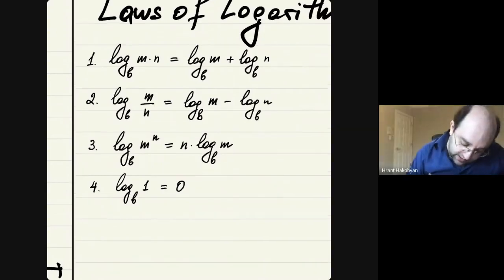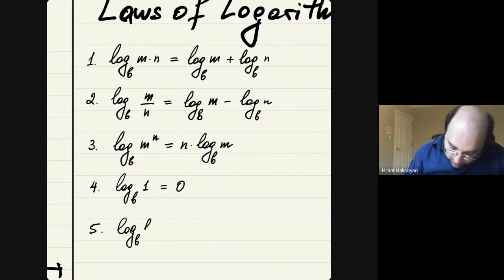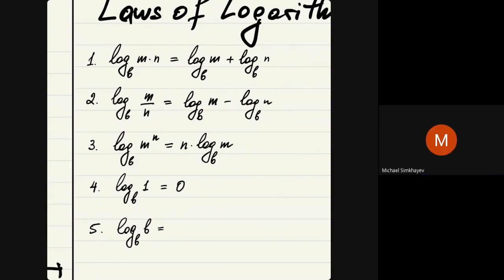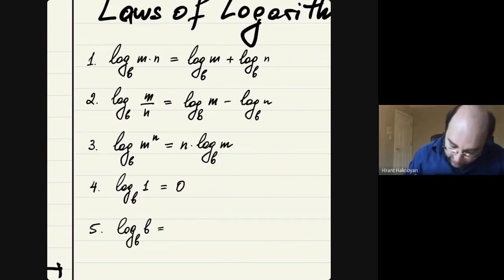And then the last one, the logarithm of b with base b, that's just which power of b is b. It's the same thing as b to the first power, right? Power 1. So those are these rules, which are going to be important to do all kinds of examples.